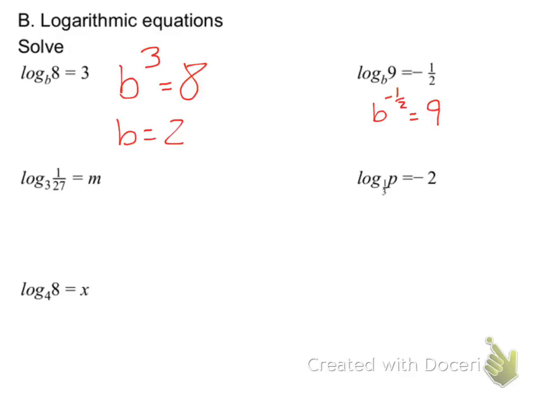What do negative exponents do? Move it down. It moves it to the bottom. So would it be 1 over 9? So wait, let's think of it this way. If I wanted to use my exponent rules, how could I cancel negative 1/2 out and get b by itself?